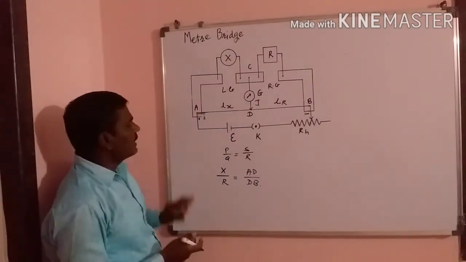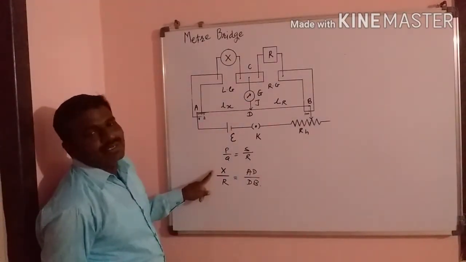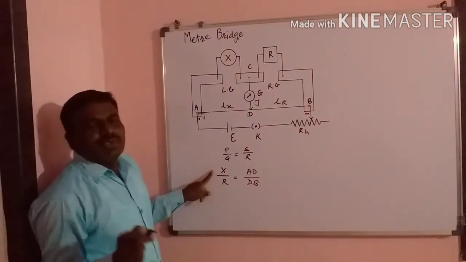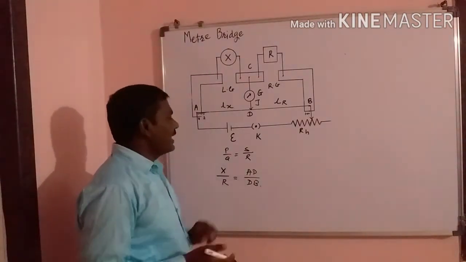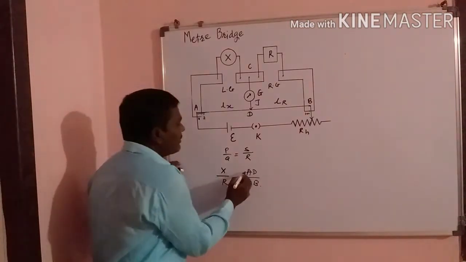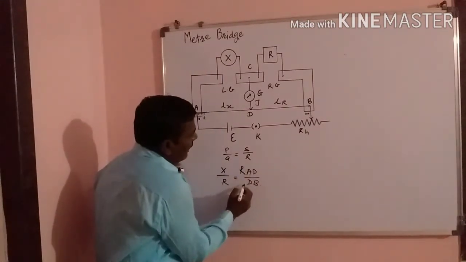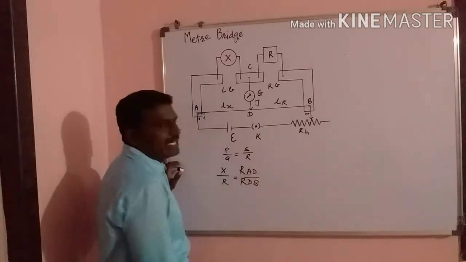That means the ratio of the resistance of AD and the resistance of DB.